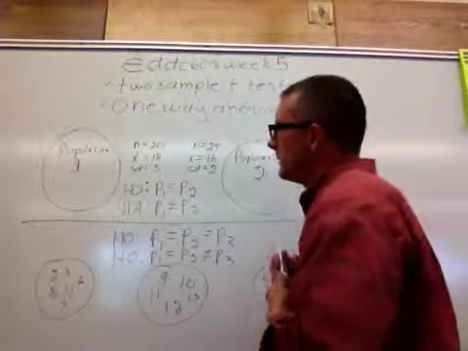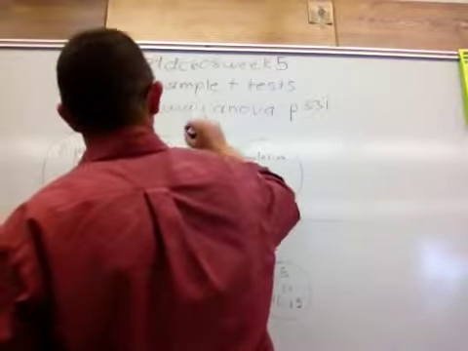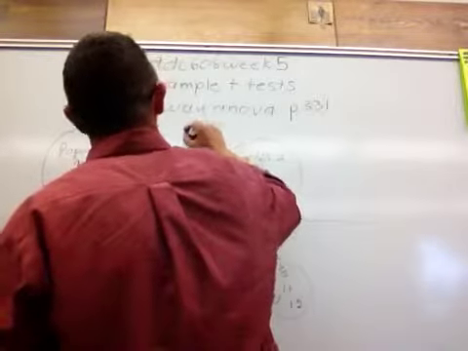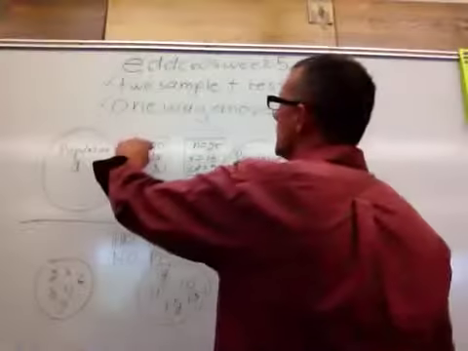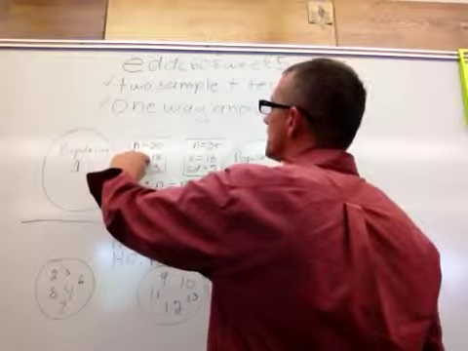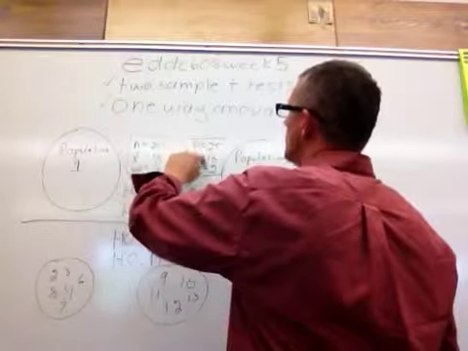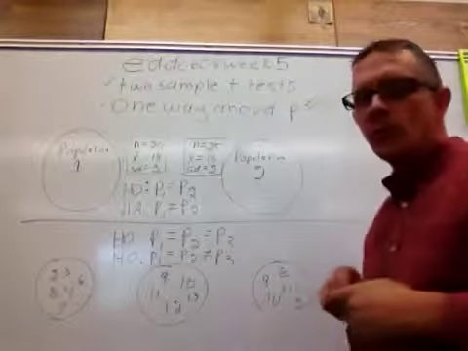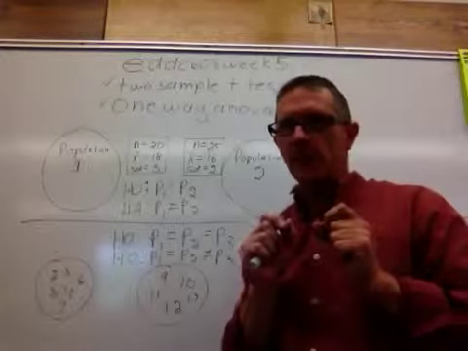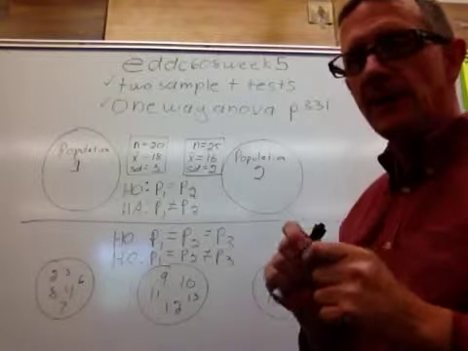So we take a sample from each population, and our sample includes a sample size, a sample standard deviation, and a sample mean. Size, mean, standard deviation. It's with those two samples that we can determine whether there is a statistical difference in the population means or not.